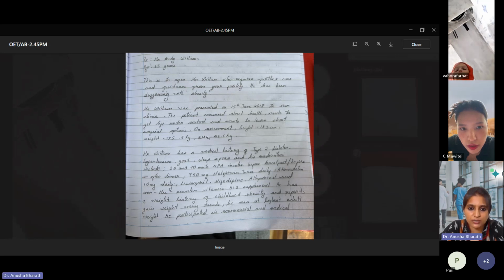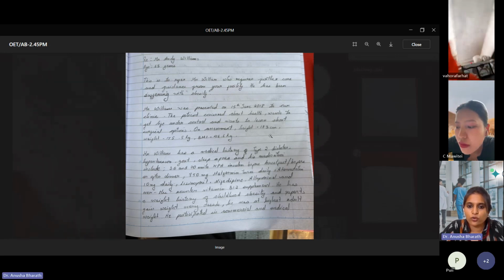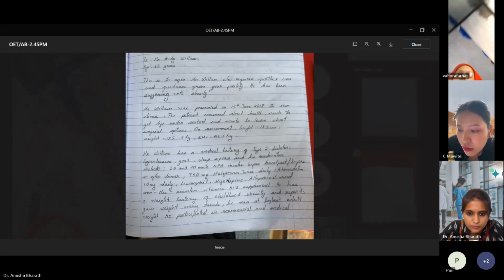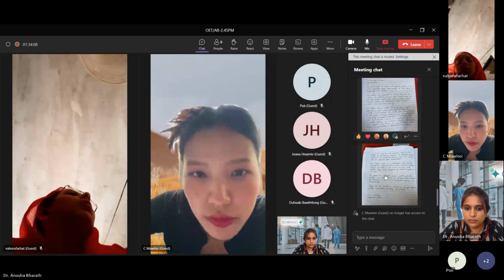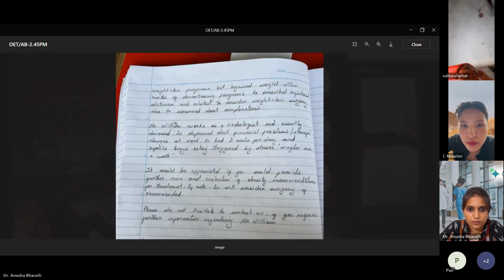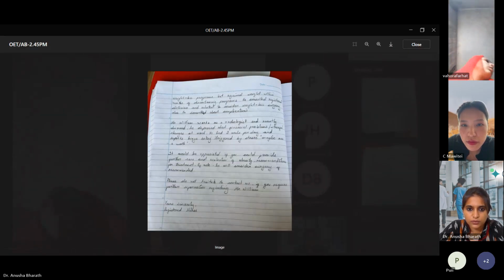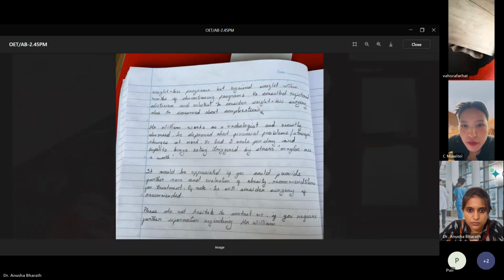Was presented today, the same things. I don't need the specifics, just the BMI should do. Concerned about complications, full stop.